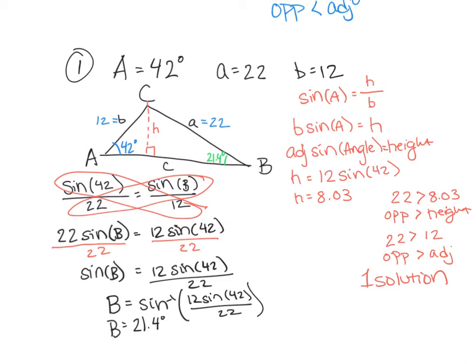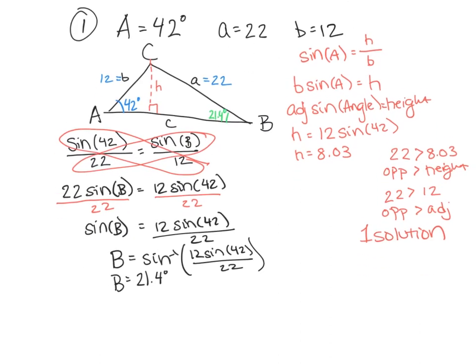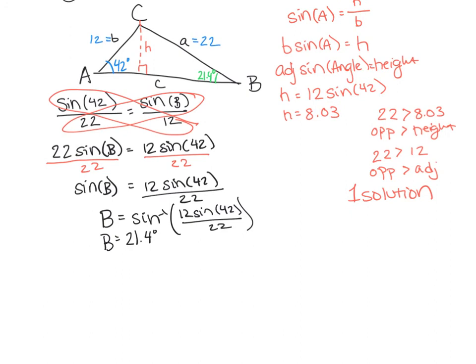Now that I have that, I can find my angle C very quickly by doing 180 minus the other angles. So C is equal to 180 minus 42 minus 21.4, and that's going to give me 116.6 degrees. And I'm going to write that in my triangle.